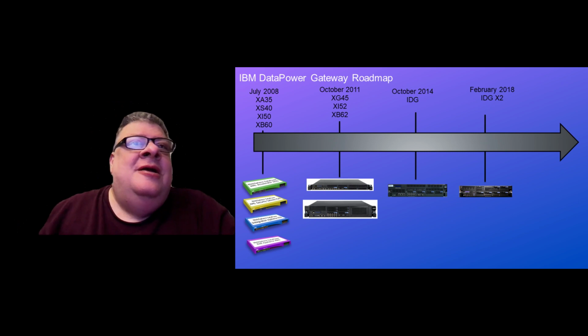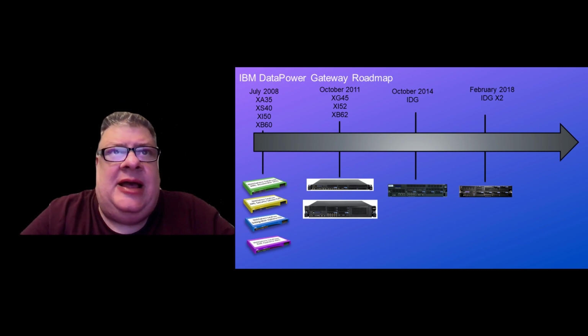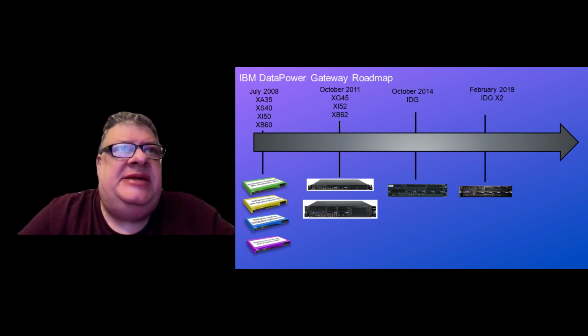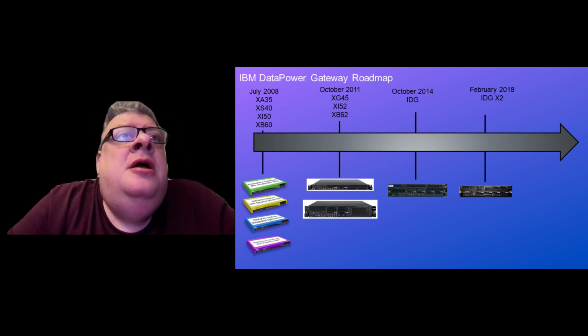So, as you know, DataPower has been around a long time. We have worked from the web services and the SOAP space all the way to the API and now event spaces as well, with all the modern protocols and traditional protocols.